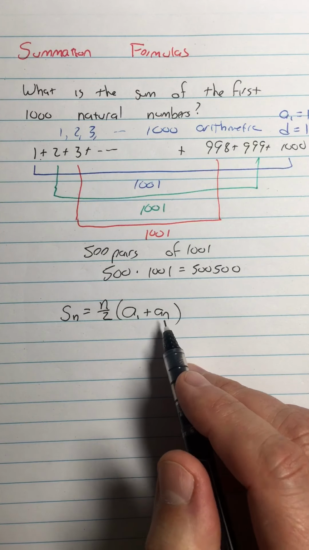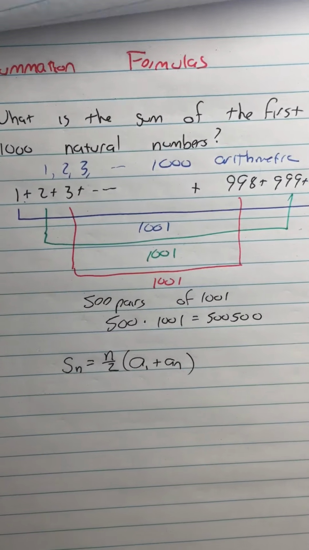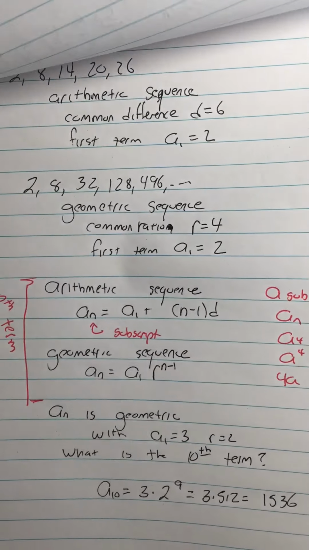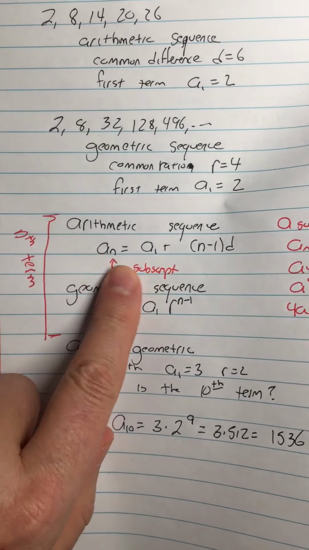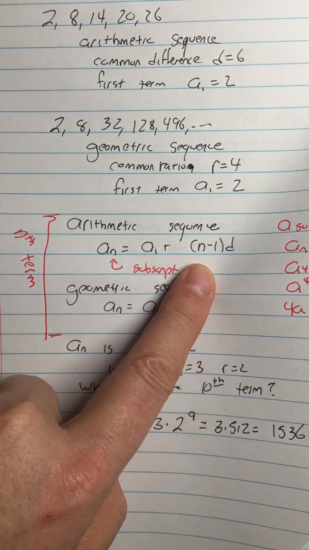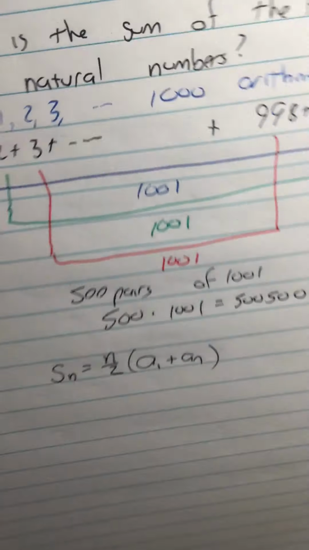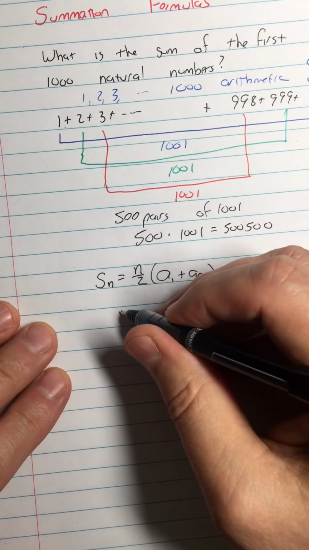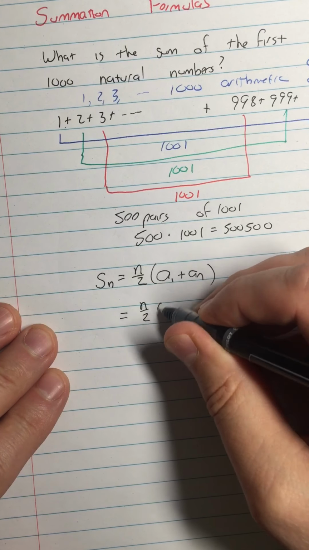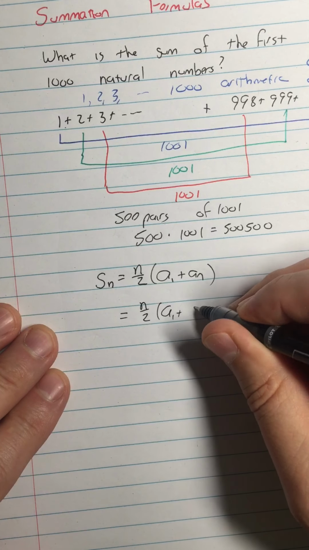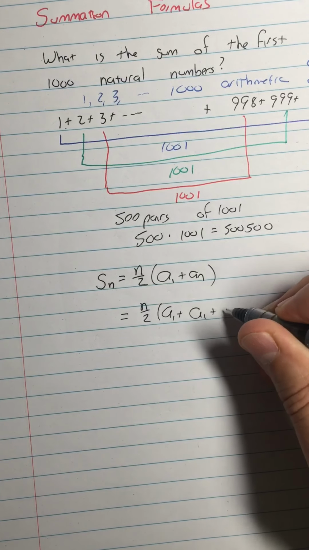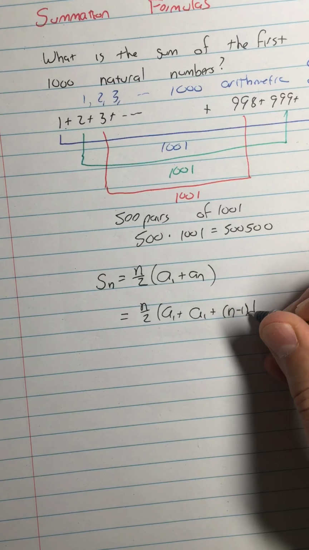So we like another version of this where if we take our formula here for arithmetic sequence, a sub n is a1 plus n minus 1 d. And we just plug that in for the a sub n here. So that equals n over 2 times a1 plus a1 plus n minus 1 d, right?